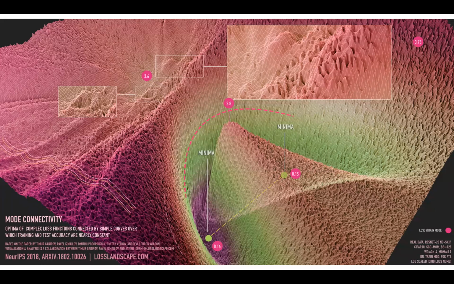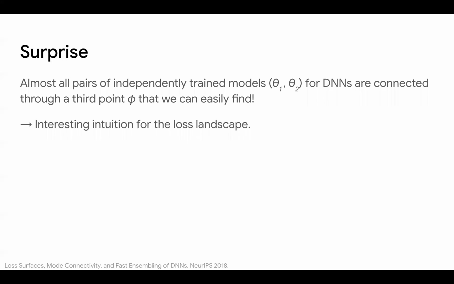Yes? What are we exactly saying about this curve? What are the constraints? Do all the points on this curve have some kind of a loss not larger than some kind of threshold? So what is exactly surprising about this?